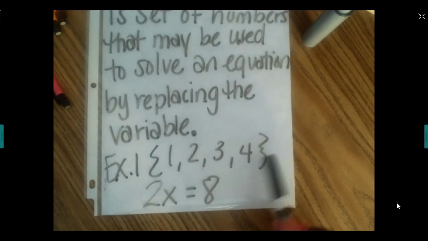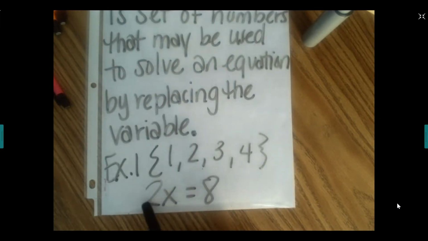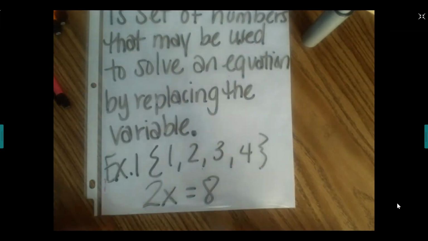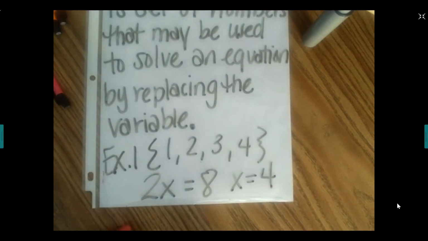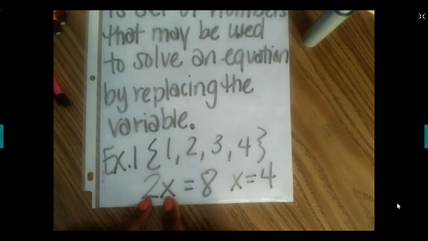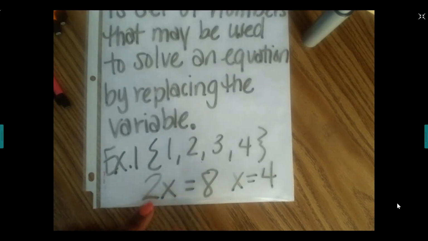Which of these numbers would replace my x to make this equation true? KD? 4. X is 4. Remember, whenever I see that coefficient beside that variable, what operation am I doing? Multiplication. Good job.